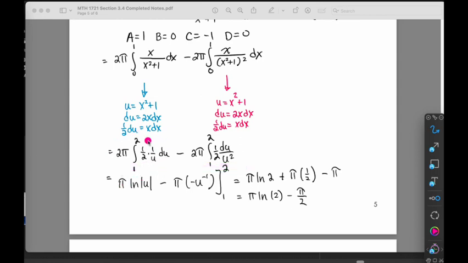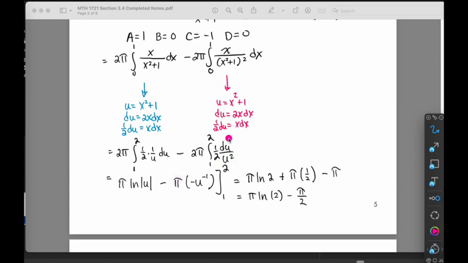So when I integrate this, like I said before, the 1/2 times the 2 leaves me with just a pi here. And when I integrate 1 over u, that leaves me with natural log of u. Same thing here. When I take 1/2 times this 2, that just leaves me with the pi.